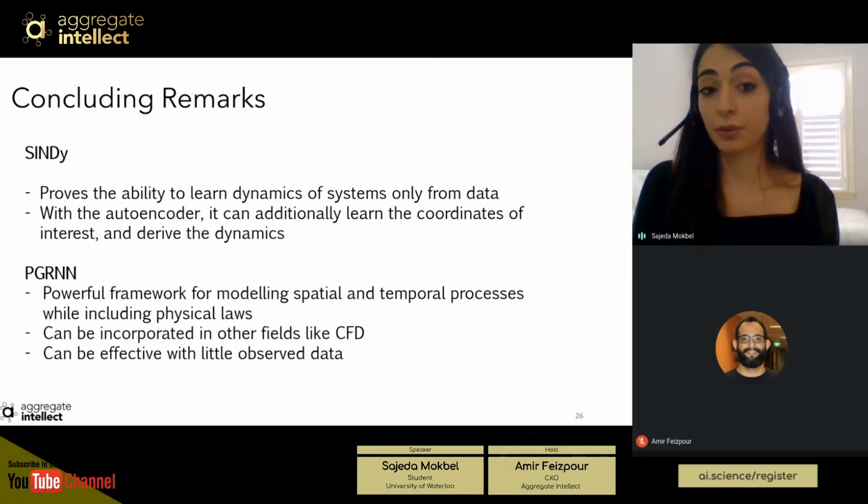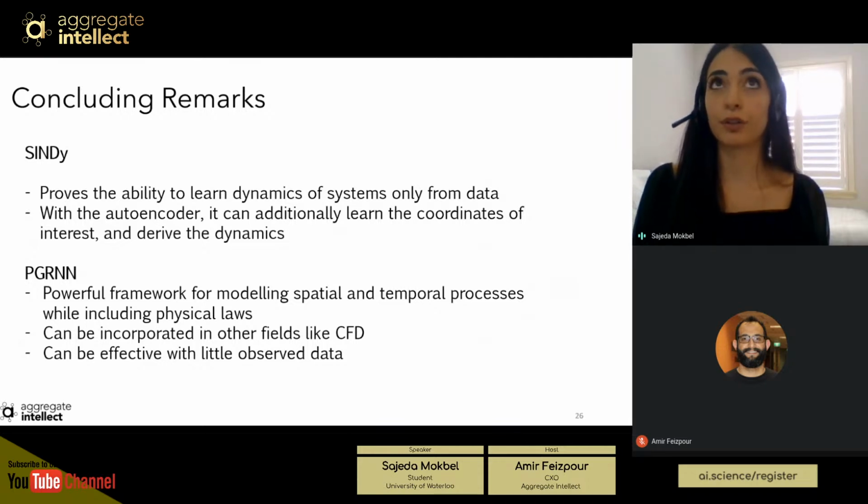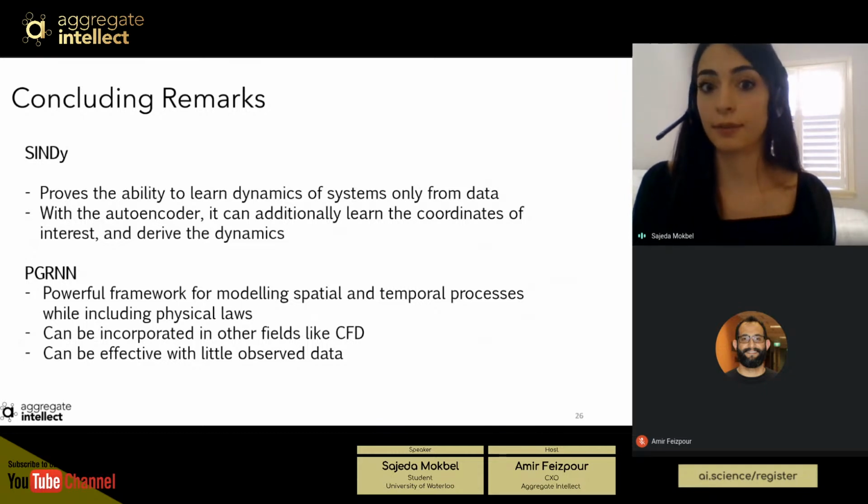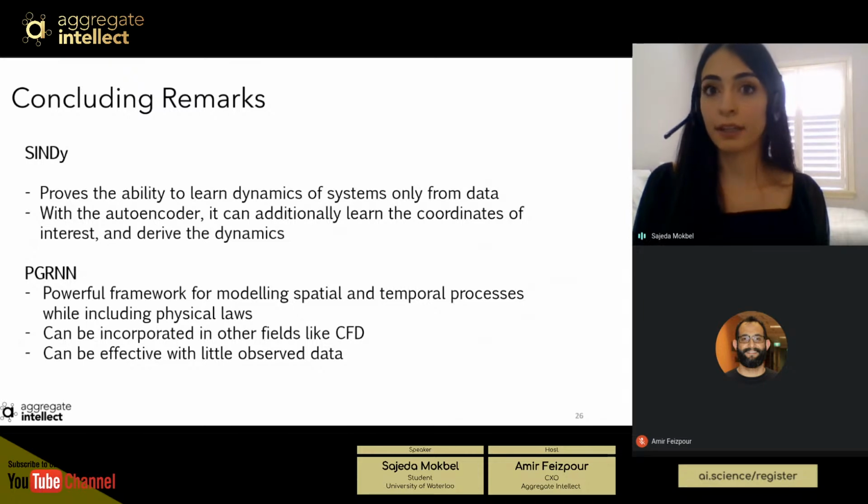And the physics-guided recurrent neural network is actually a very powerful framework to predict variables just from spatial and time-dependent processes. And it can be incorporated in other fields like computational fluid dynamics.